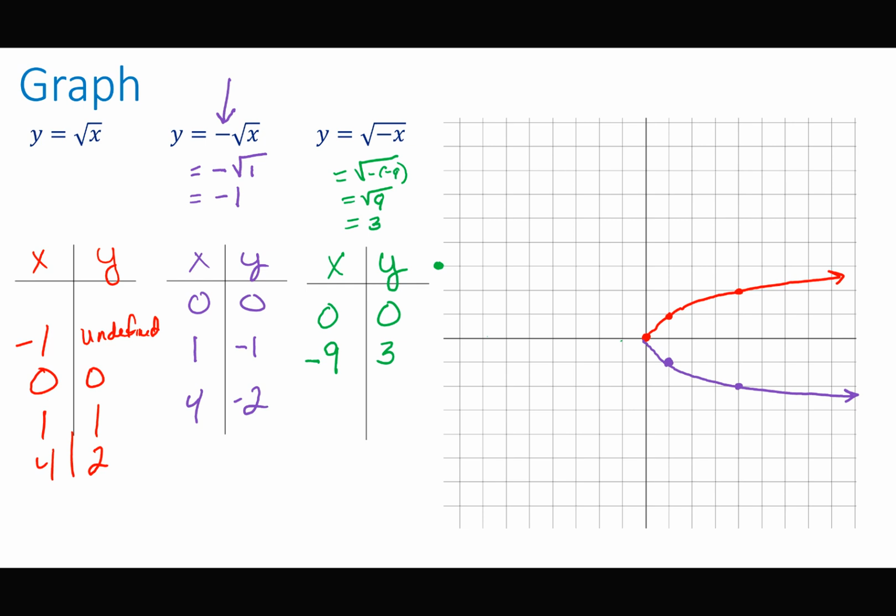would be a point. If I did negative 4, I would have a negative of negative 4. Square root of that would be 2. If I chose negative 1, I would get an output of positive 1. So this one actually goes that direction.